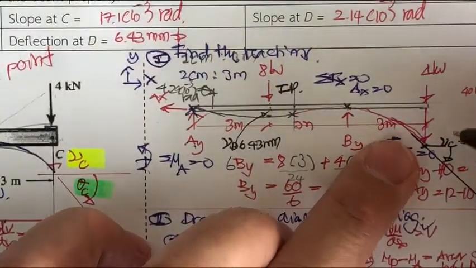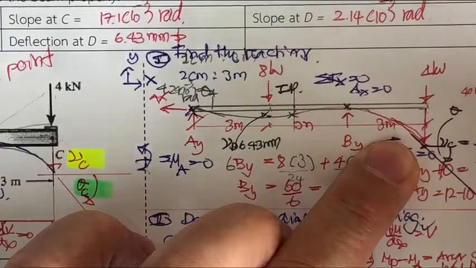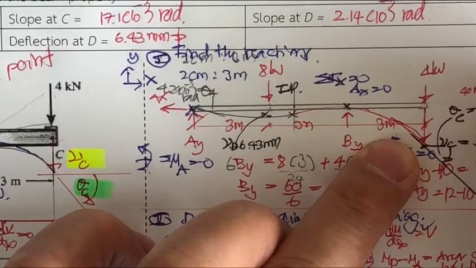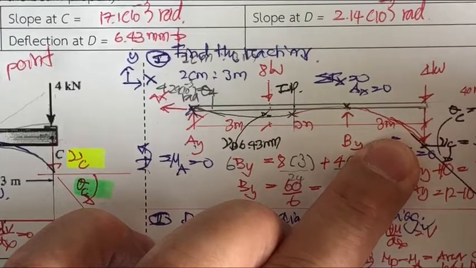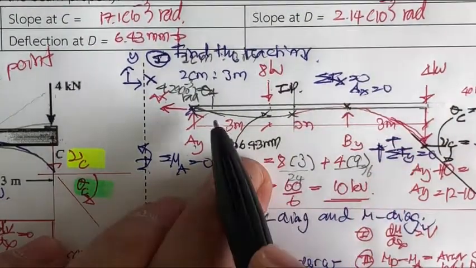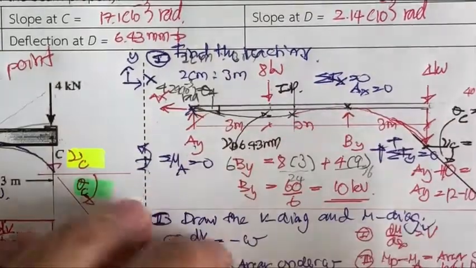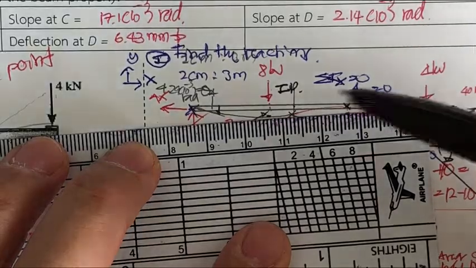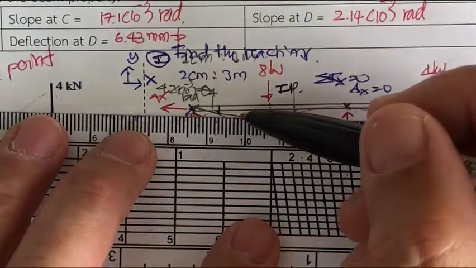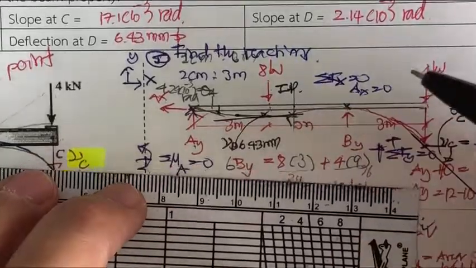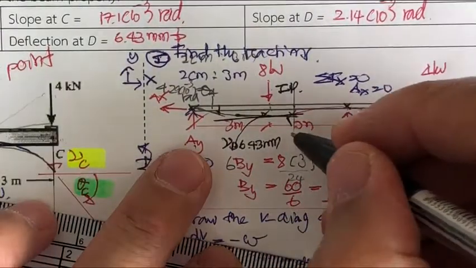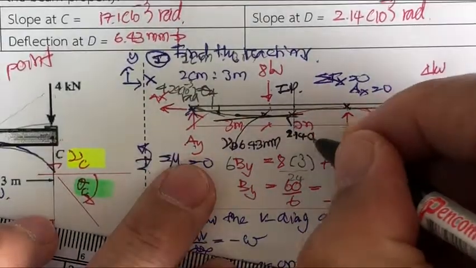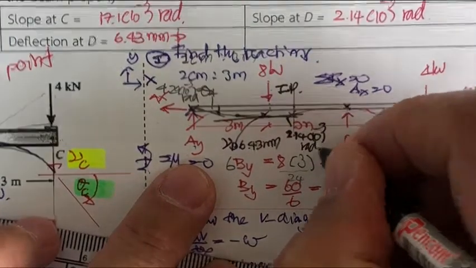This is going to be theta sub C. It's going to be 17.1 times 10 to the minus 3 radian. That is big compared to this one. And the slope here is going to be like this, 2.14 times 10 to the minus 3 radian.